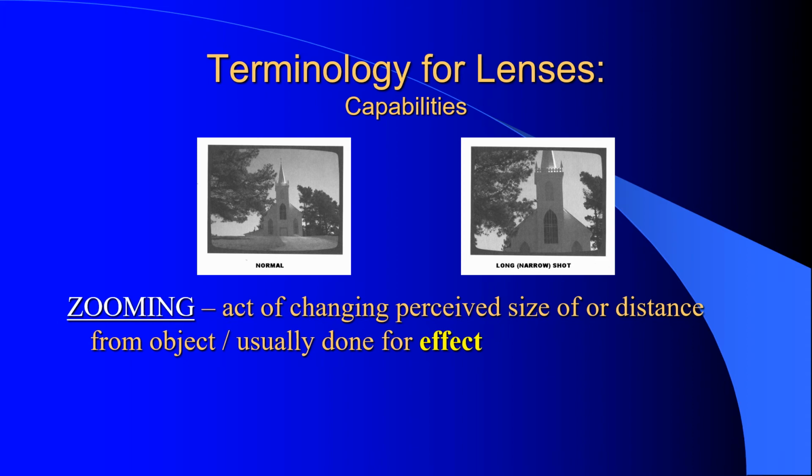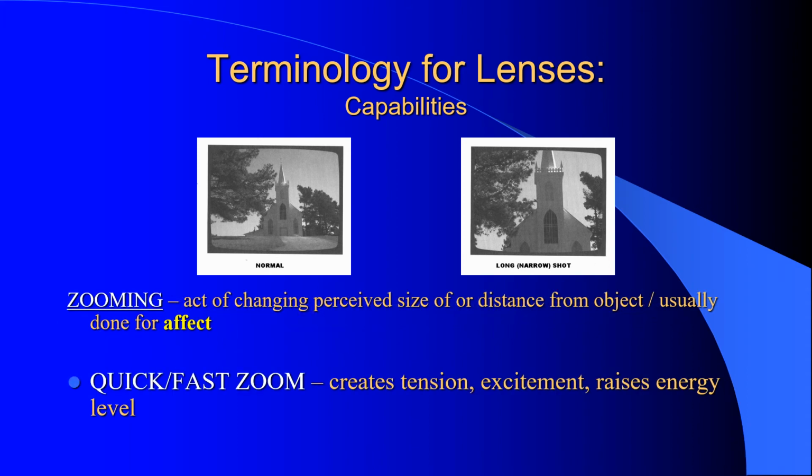The camera operator would zoom in, get a closer shot of the object or subject, and then go back to that shot. Now, the act of zooming has become actually an effect, and you can zoom in on an object or a subject with the purpose of creating a particular effect.